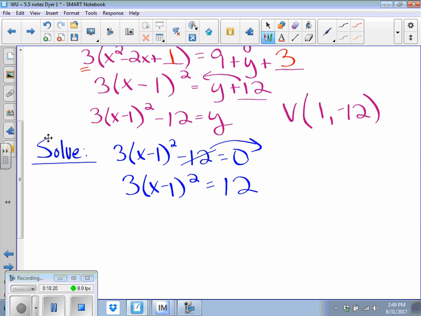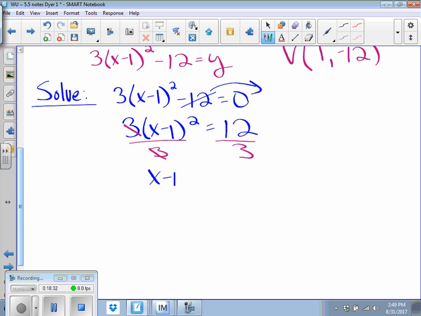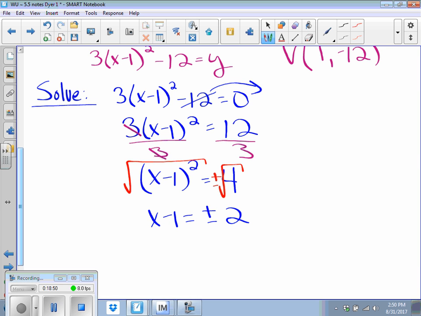Next, divide by 3 on both sides. So that's x minus 1 squared equals 4. Next. Very good. Square root. Don't forget, plus or minus. So x minus 1 equals plus or minus 2. Next.